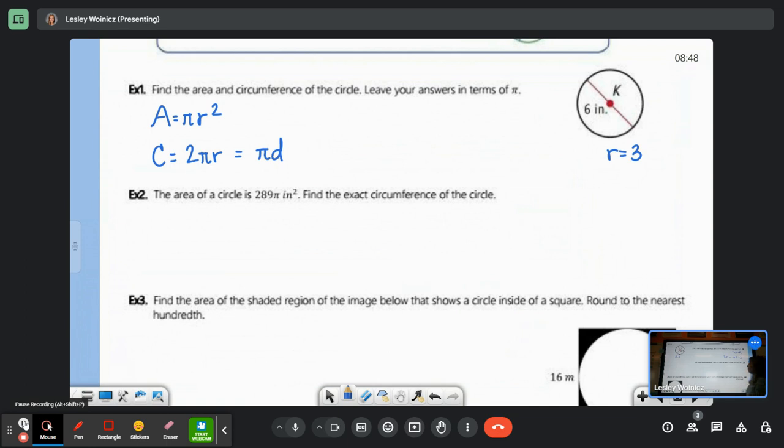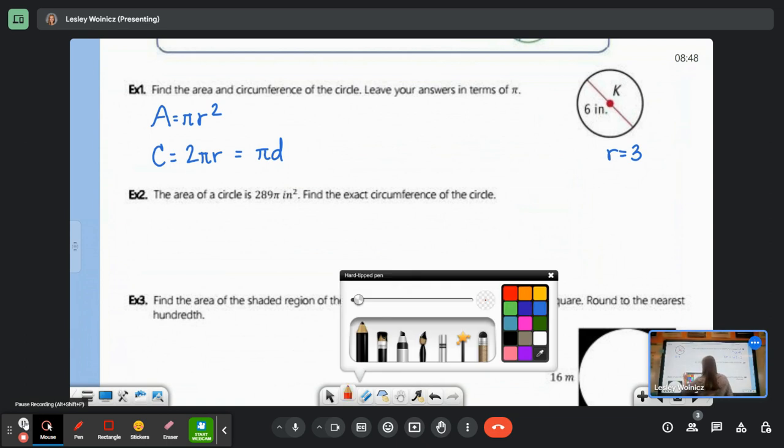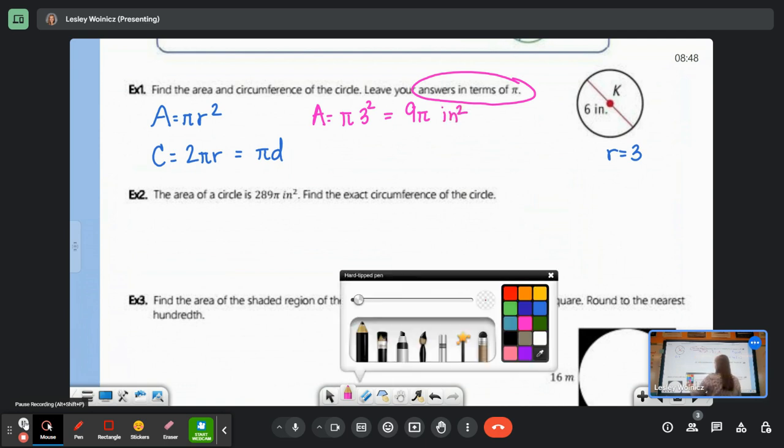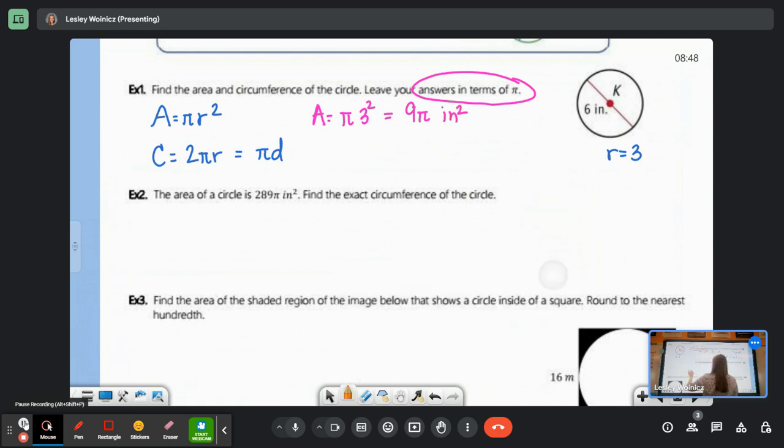Okay, so let's do it. Let's plug in our radius. That's all we needed. So area equals pi times 3 squared. And we're leaving answers in terms of pi. 9 pi. That would be inches squared. Yes, if it says in terms of pi, that's exact.